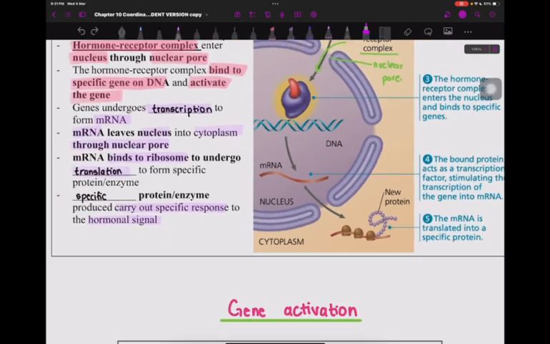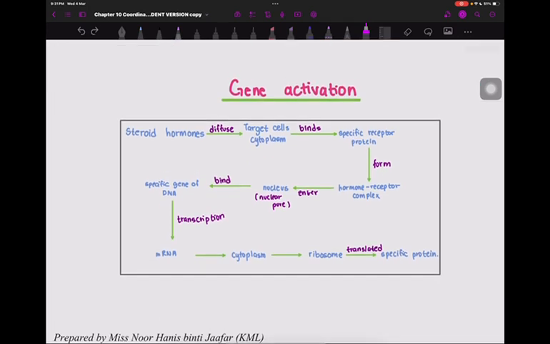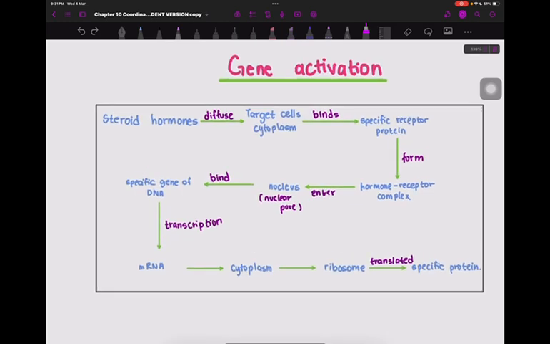So di bawah ni saya ada buat satu carta alir for us to easily tengok dia punya flow macam mana lah. So first, we mention steroid hormone. Steroid hormones diffuse into the target cell cytoplasm and binds to specific receptor protein. Then, bila binding to occur, it will form hormone receptor complex.